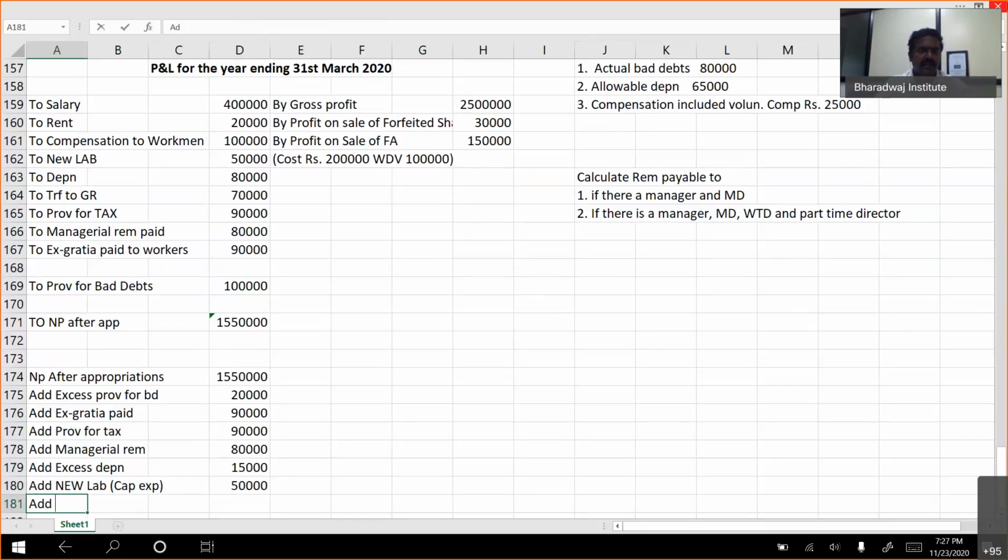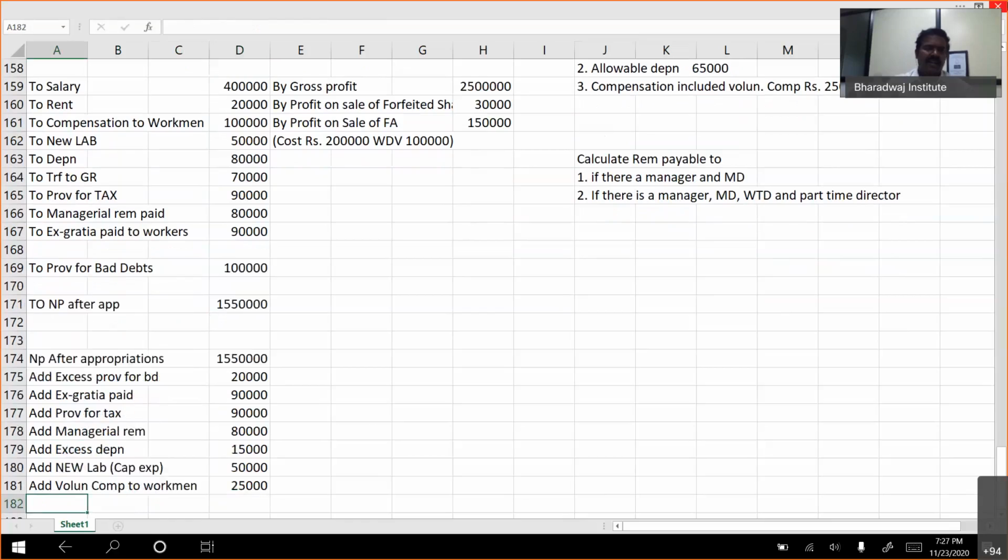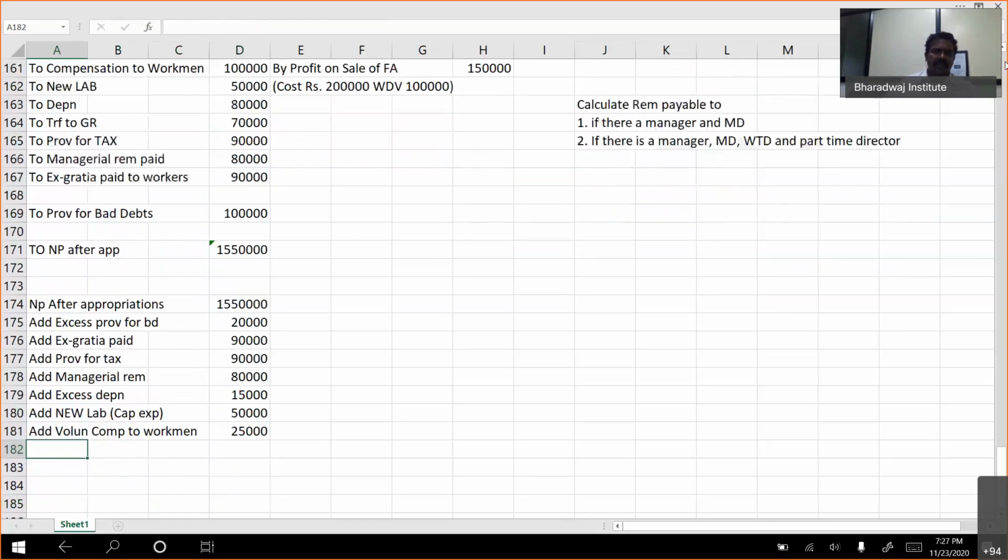Then add voluntary compensation to workmen. How much is paid? 25,000. Rent, salary and all operating expenses, please ignore.